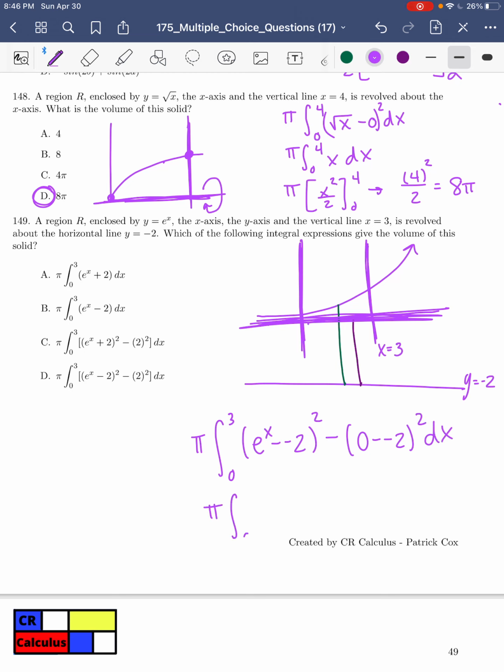So if I simplify this, I get pi from 0 to 3 e to the x plus 2 squared minus 2 squared dx. And it looks like that one's going to match C.